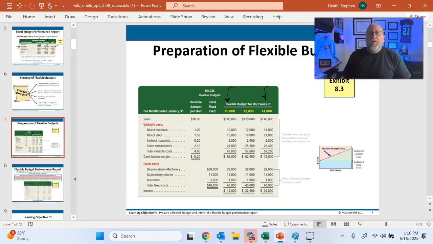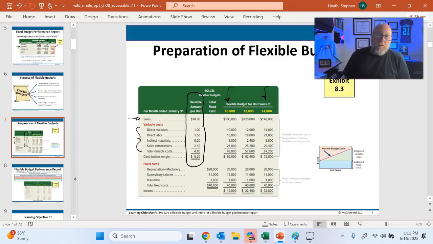What is my income going to look like under a best case scenario and a most conservative case scenario? Here are our per unit assumptions, and obviously sales is variable. The more units I sell, the more I would likely make. And then we have all of these variable costs.